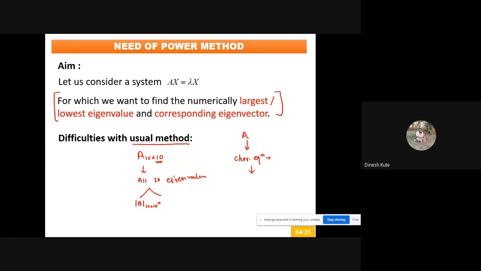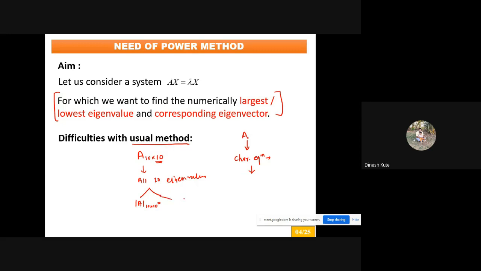As we know, even for 3 by 3 the calculation of the determinant is not a trivial task. If you increase the order to, say, 10 by 10, practically it is impossible to find the determinant of this particular matrix. So this is the first difficulty that we are facing with our usual method. And the second difficulty is what?